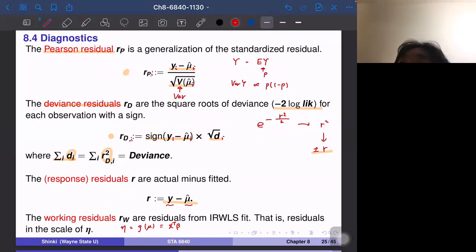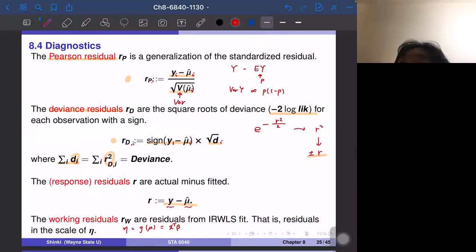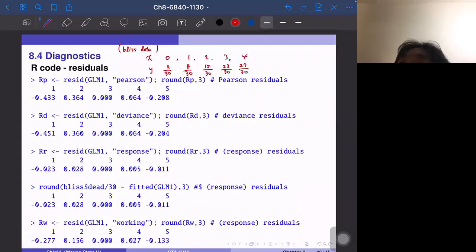For a linear model, these four residuals are all the same, so we don't have any difference. But the generalized linear model is based on differences in assumptions, so these residuals are slightly different. The next slides explain how to calculate those residuals. An example is GLM1, which is basically the binomial model with this x and y.